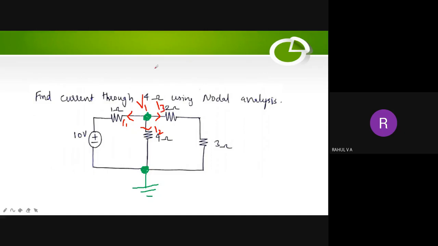So I can write the equation I1 plus I2 plus I3, that is current leaving the node, is equal to current entering the node. According to our assumption, no current is entering the node, so total current entering the node is equal to 0. All 3 currents are leaving away from the node, so total current leaving the node is I1, I2, I3.